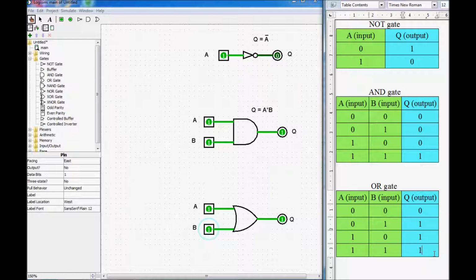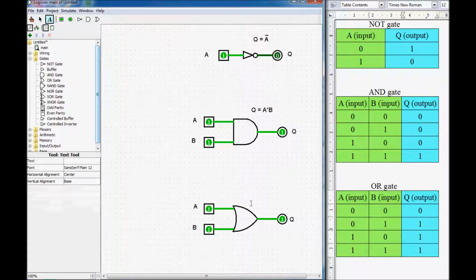And in this case, the formula for this gate looks like this. Our output Q is equal to A plus B. And also, as it was before, this plus sign represents the operation of this OR gate.